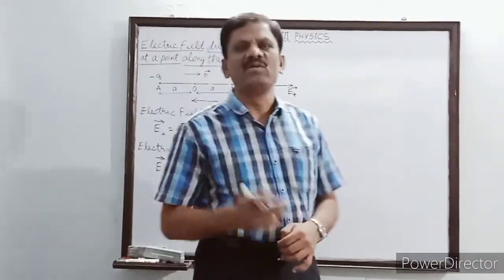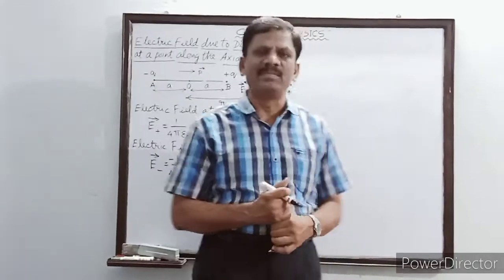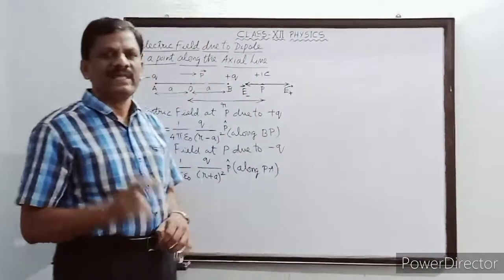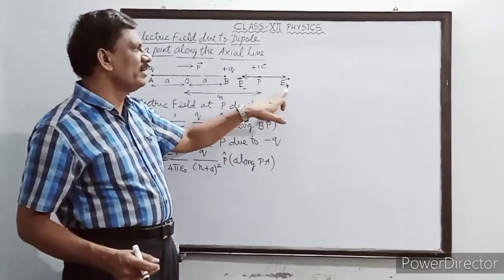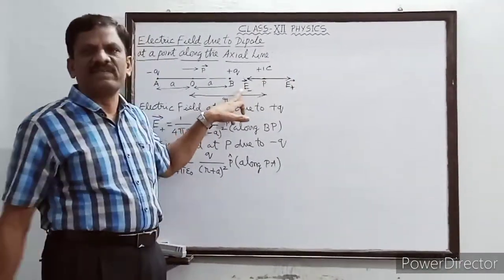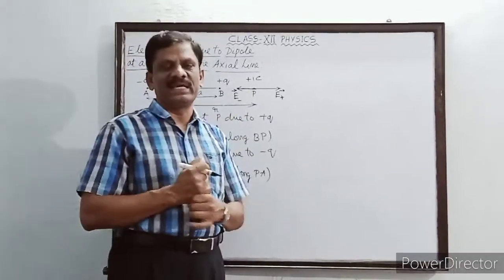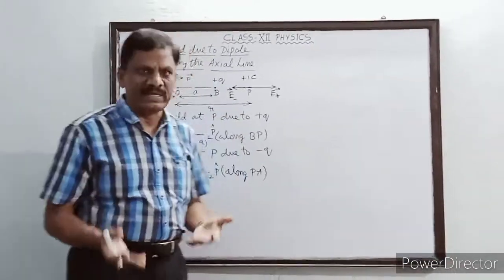Now let us proceed to find the net electric field at the point P. Before getting into that, you see the picture once again. The length of the vector E positive is greater and the length of the vector E minus is lesser. What is the reason for that? This is from inverse square law.